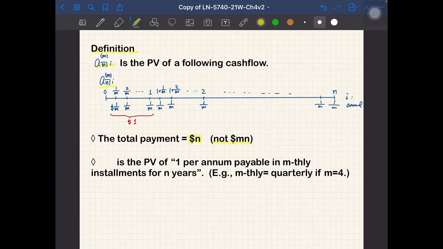Yeah, and this one, a angle n superscript m, is the present value of 1 per annum payable in m-thly installments for n years, that we say.